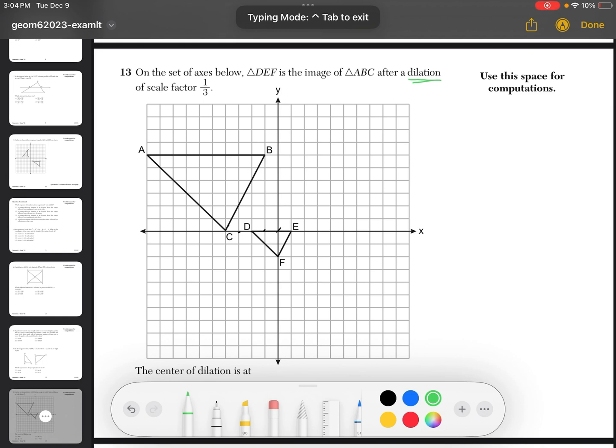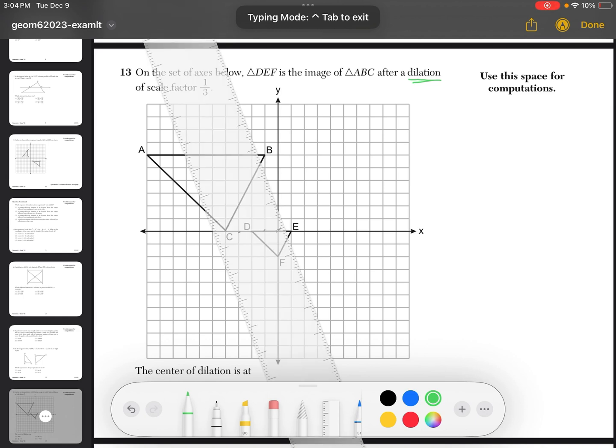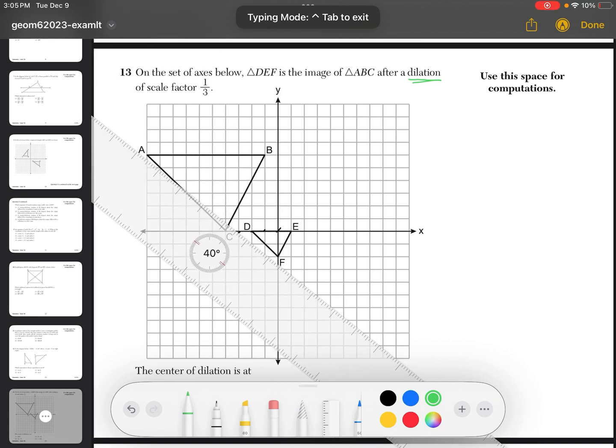Now, to find the center of dilation, that is a mathematical statement here. To find the center of dilation graphically, you can take a straight line and line it up with its corresponding dilated vertices.